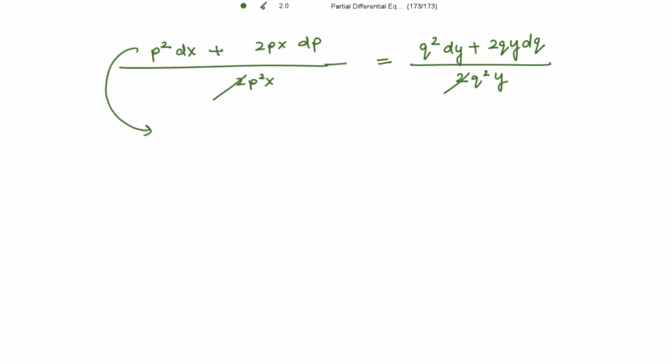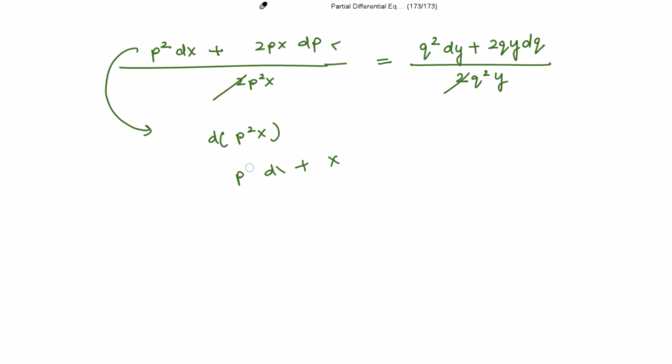How to write this numerator? It is the derivative of p square x, isn't it? First function times derivative of second plus second function times derivative of first. Am I getting back this numerator? Yes, this is 2px. Don't confuse.